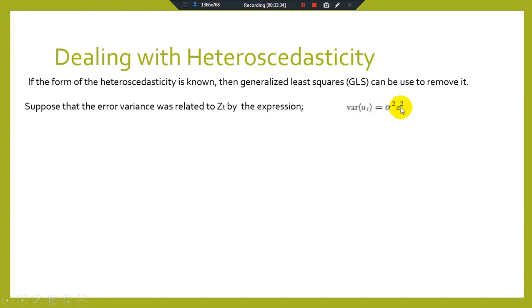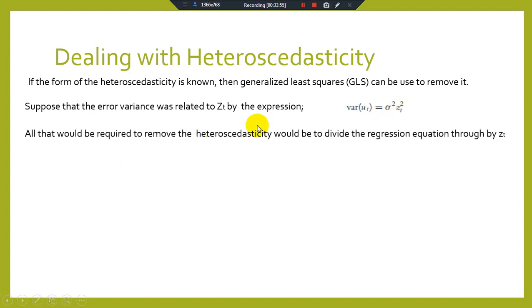But if any variable Z_t is creating unequal spread or unequal variation in your variance, then you have to multiply it with your variance. All that would be required to remove the heteroscedasticity is to divide the regression equation through by Z_t.